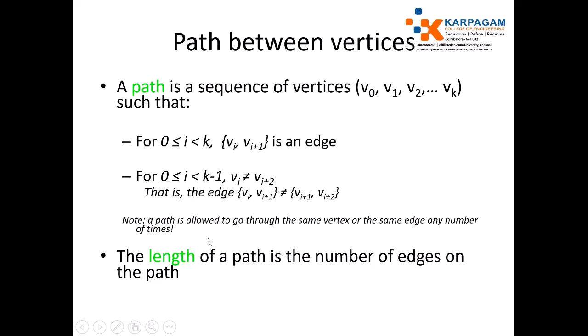A path is allowed to go through the same vertex or the same edge any number of times. You can traverse more number of times. The length of a path is the number of edges on the path.